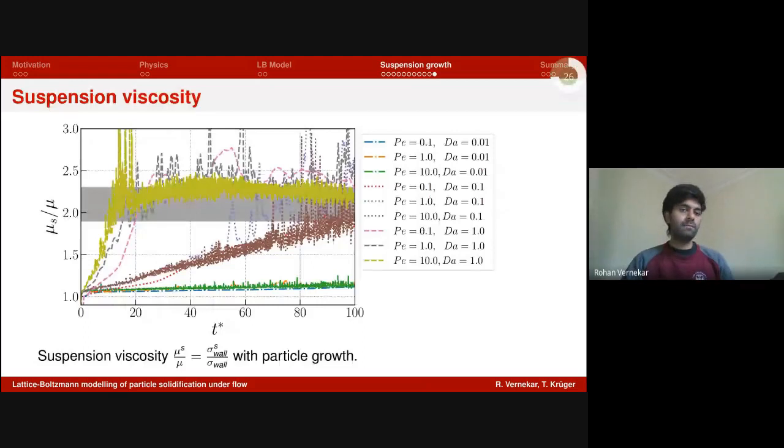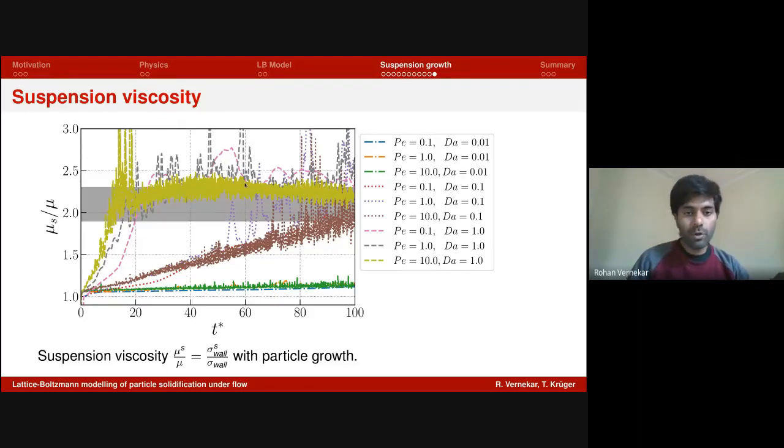Right. And this is a final slide of how we can relate this back to the experiments. Here I am measuring suspension viscosity change over non-dimensional time. And we see sort of 3 different groups forming here, which are determined by the Damkohler number. So if the Damkohler number is large, you have a very fast change of the suspension viscosity.